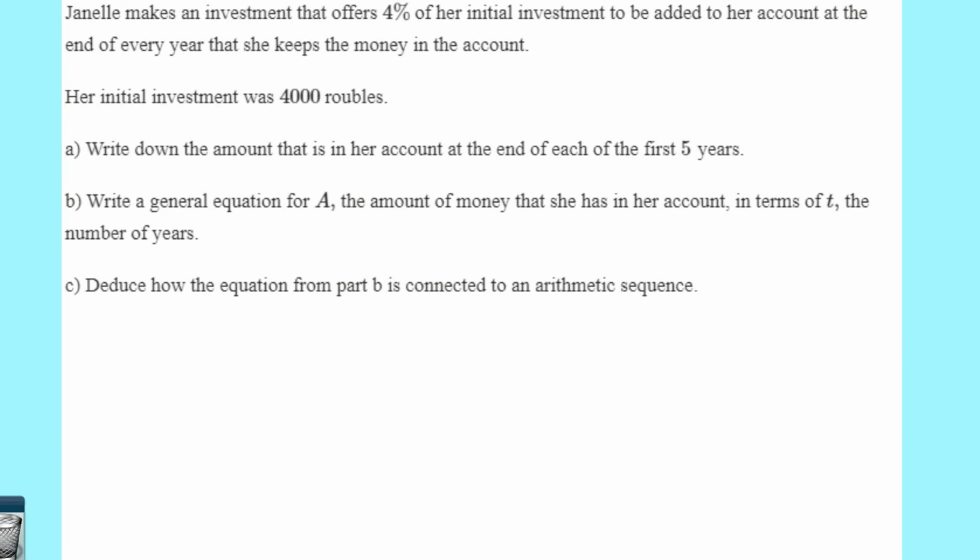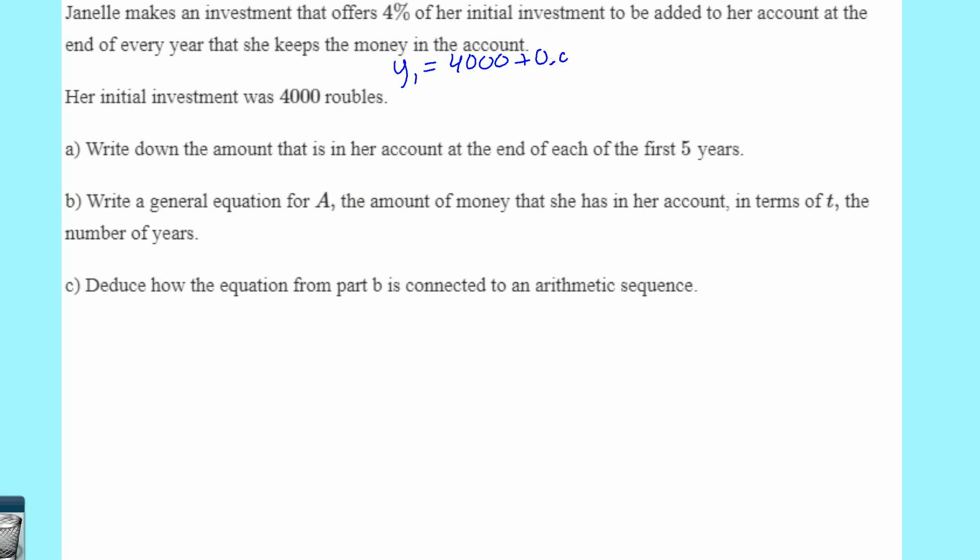Okay, so she's got 4,000 rubles. We want to write down the amount that is in her account at the end of each of the first 5 years. Okay, so we are going to add 4% of her initial investment to be added to her account at the end of every year. So her initial investment is 4,000. So after year 1, we're going to take that 4,000 and we're going to add 4% to that.